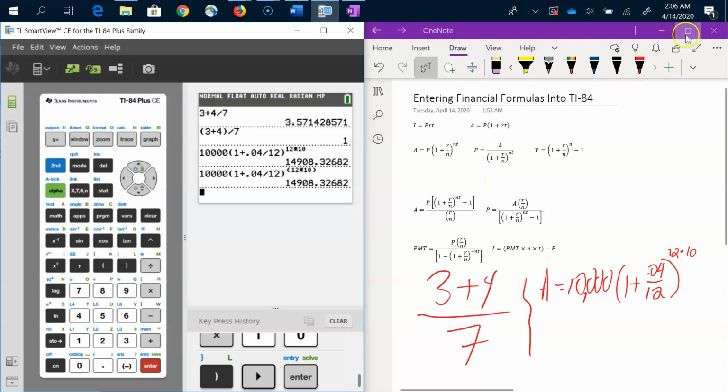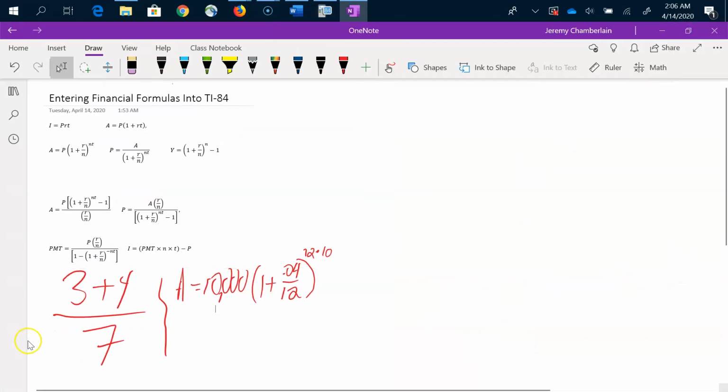I'm gonna enlarge this here. Okay, and I'll write over here the example that we're going to do.